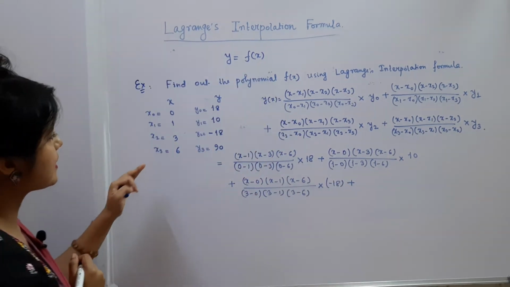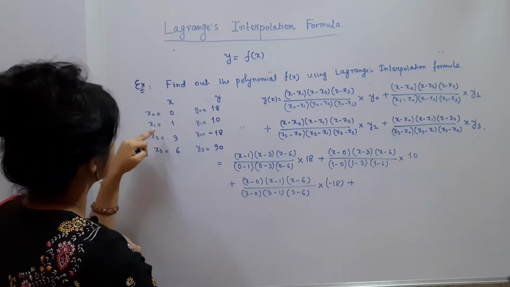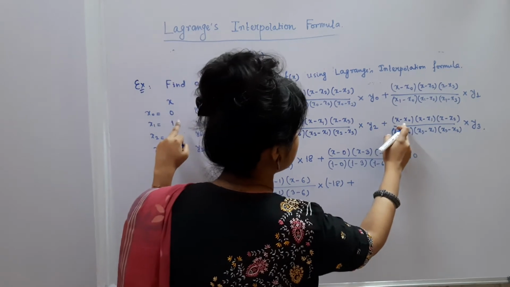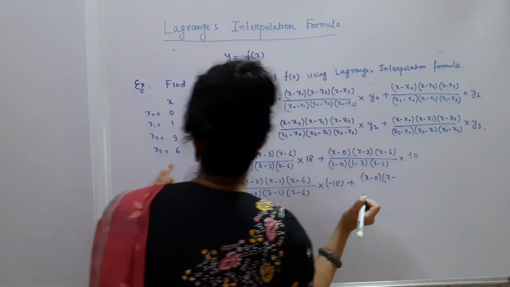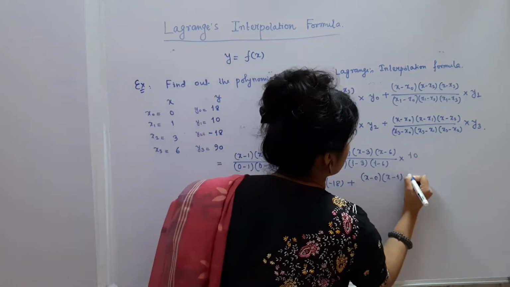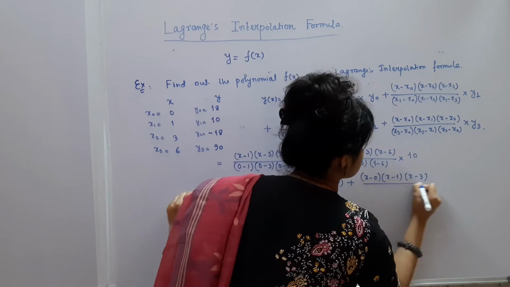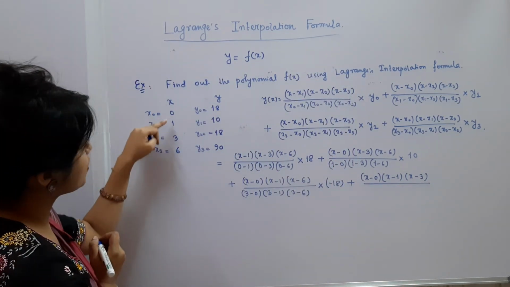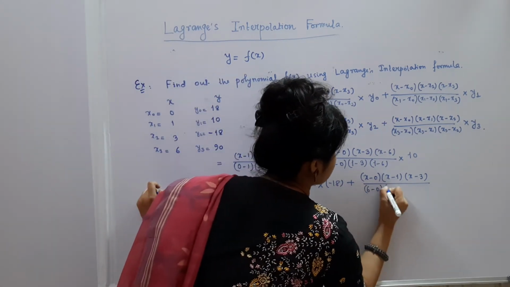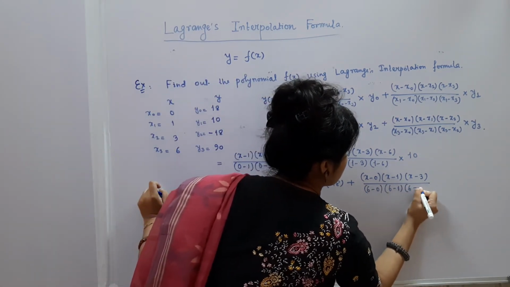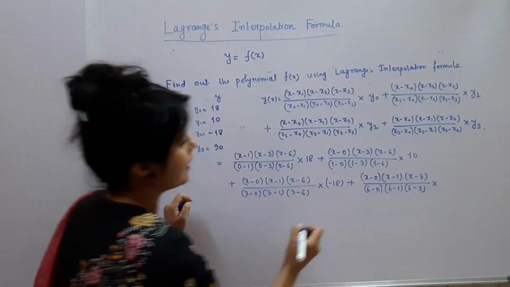Now in the last term, x minus x0, so that is x minus 0, x minus 1 and x minus 3. This is divided by all the terms subtracted from x3, that is all the terms subtracted from 6, and that would be multiplied by 90.